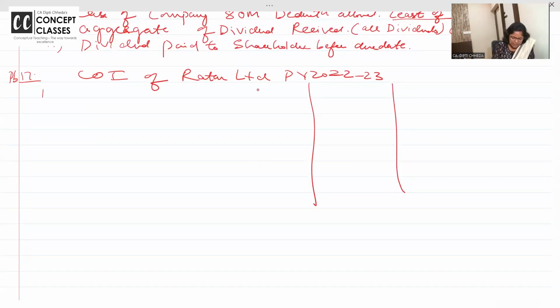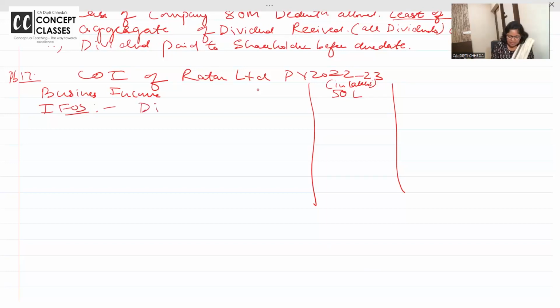It's all in lakhs. First they have business income. Everything is in lakhs, so we can take decimals also. How much is the business income? Just now I told you how much is business income? 50 lakhs. Now income from other sources.